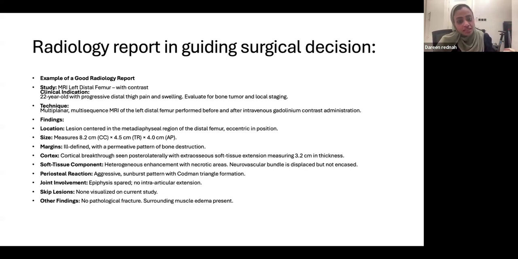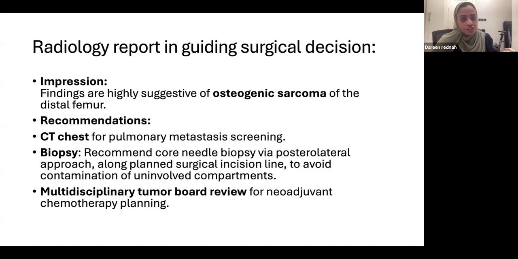The next important step in the report is the impression. It suggested osteogenic sarcoma of the distal femur. It gave us a differential diagnosis. Recommendation: CT chest. It's important to mention a recommendation for CT chest for pulmonary metastasis. Biopsy: he recommends a core needle biopsy, posterolateral approach, along the surgical incision to avoid contamination of an uninvolved compartment.